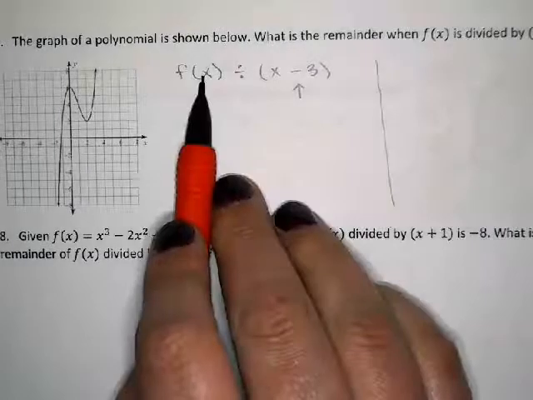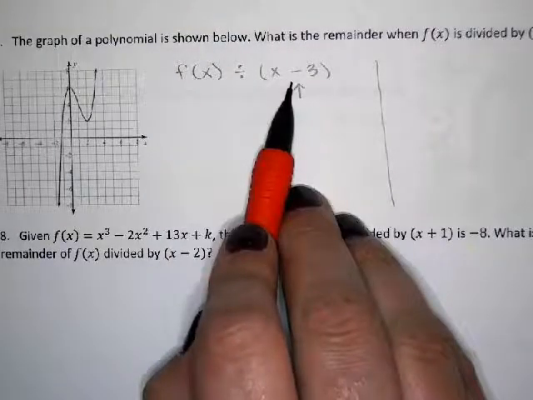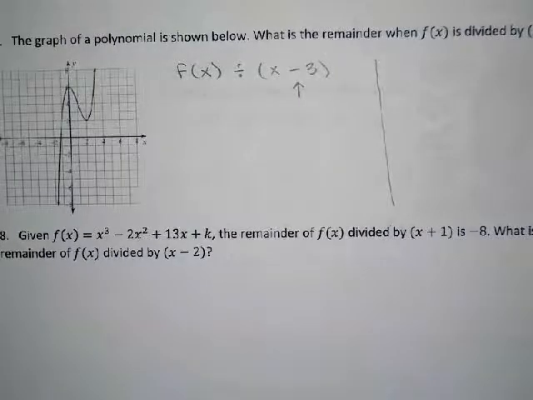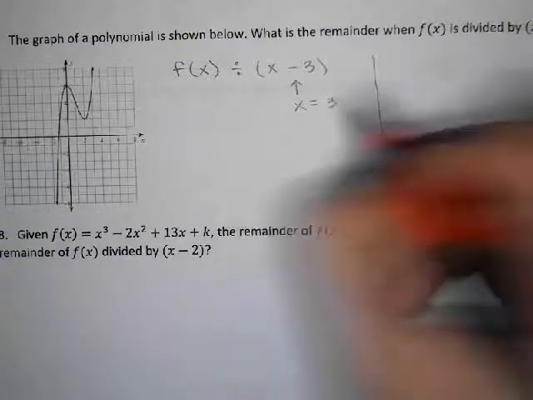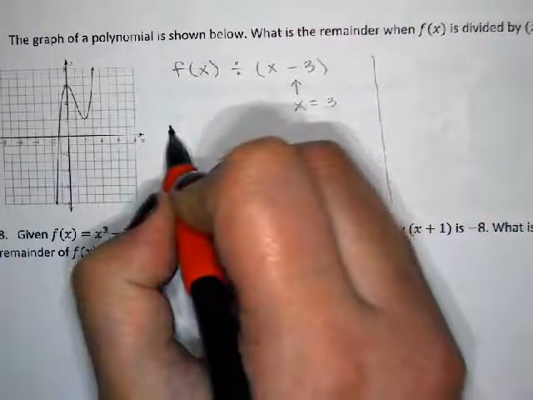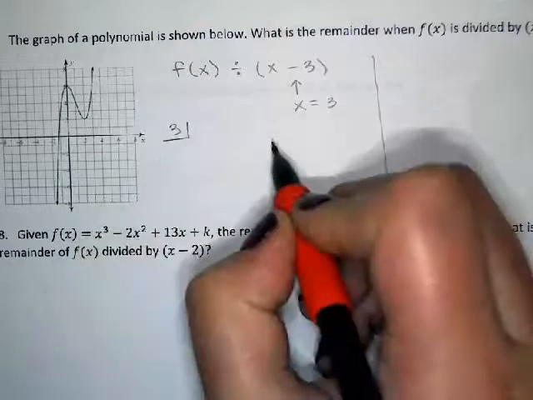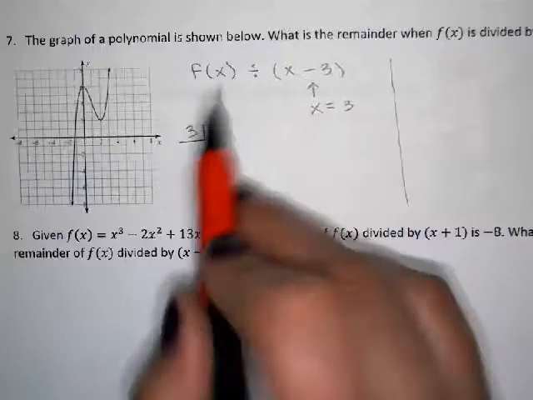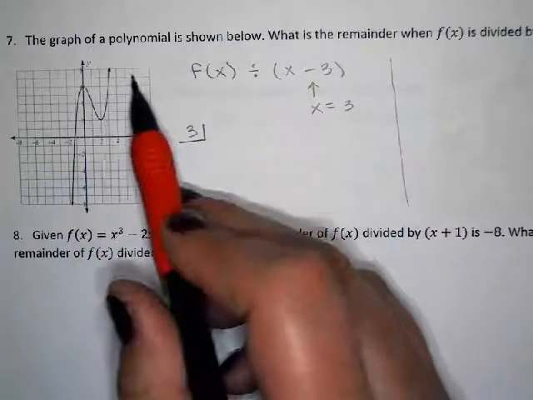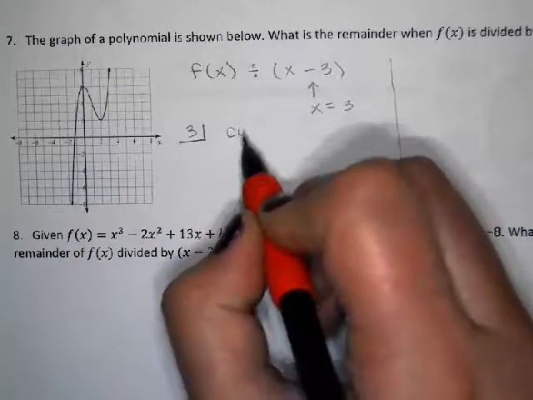So I'd put the 3 in a little box, and then f of x, if I knew what that function was, if I had more than just a picture of it, I would be using the coefficients of f of x right here. Does that make sense? I don't have them. I can't do the problem this way. But if I had them, I'd be putting them right there.